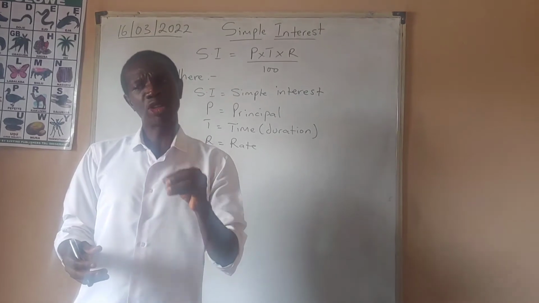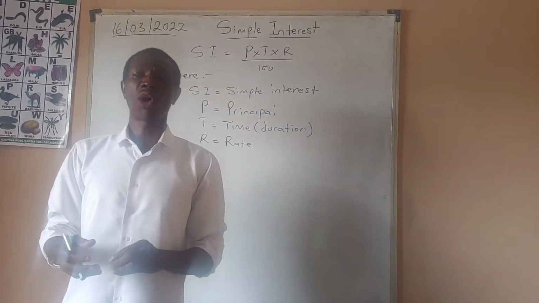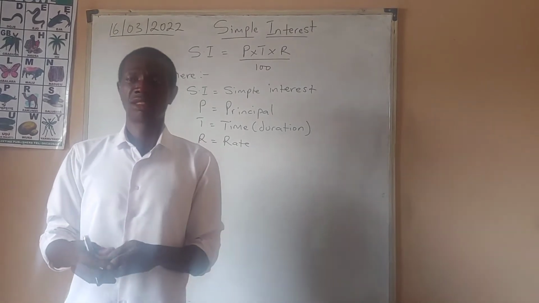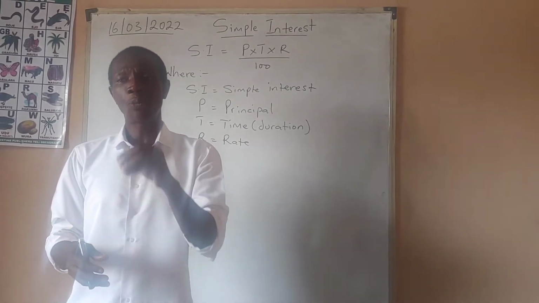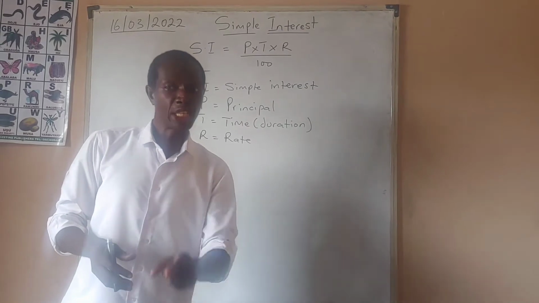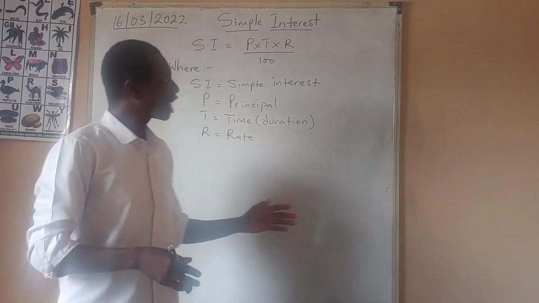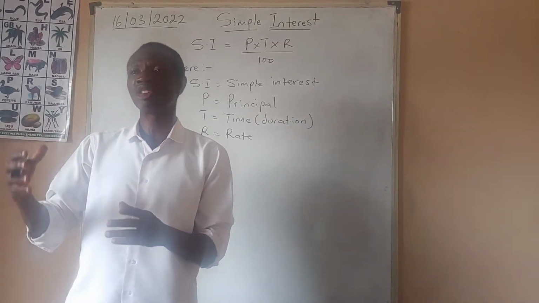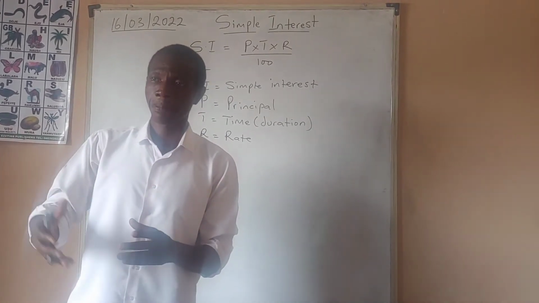There is a little amount of money that will be charged on the borrowed amount. And there is a way they calculate to know how much you will pay for a particular amount of money you borrow. So simple interest is a way of calculating the amount that will be charged on the amount of money you are borrowing. Okay?